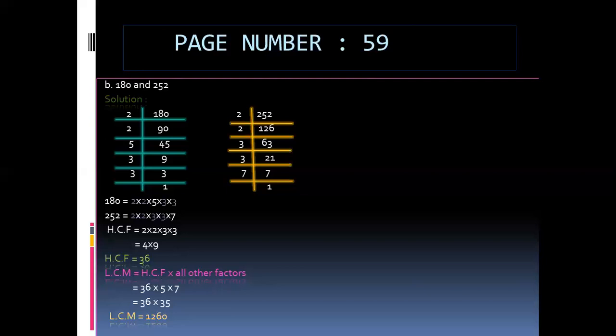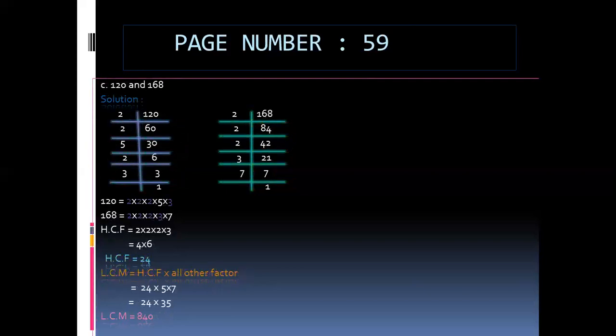The LCM is 1260. The HCF of these two numbers is 36, and the LCM of 180 and 252 is 1260.